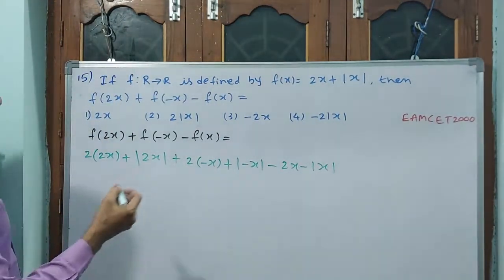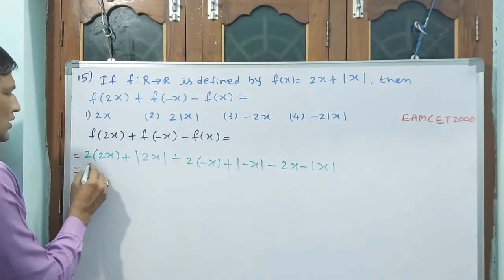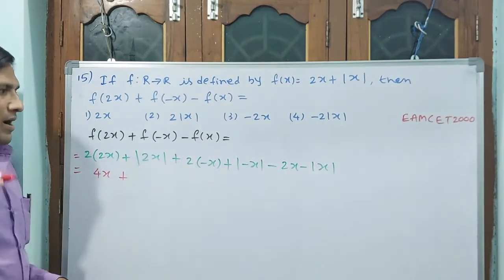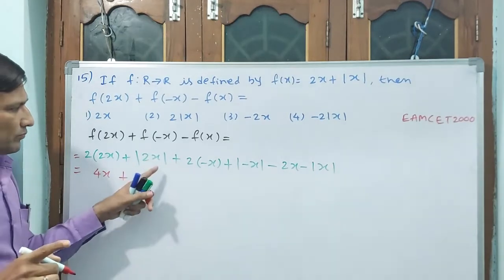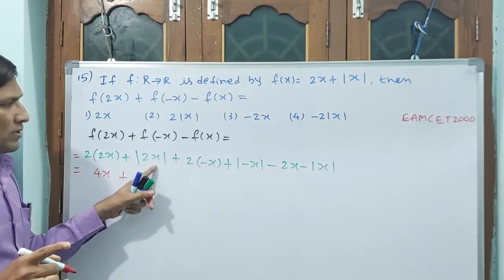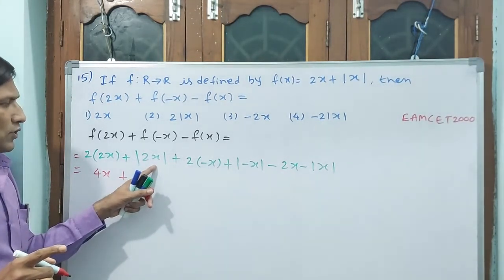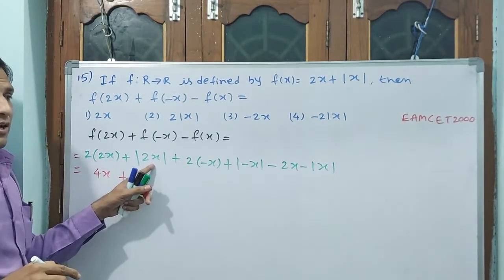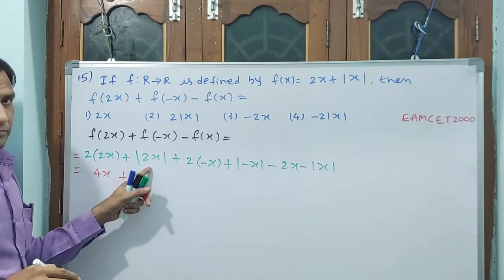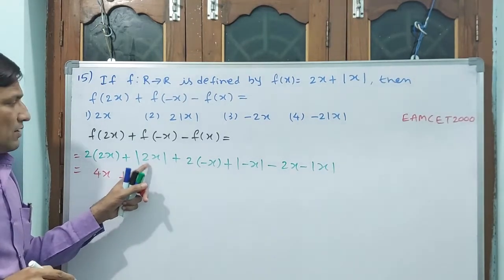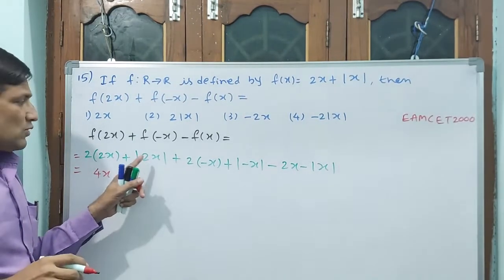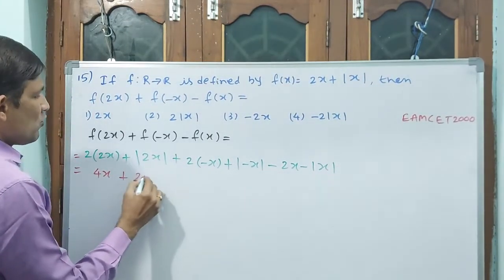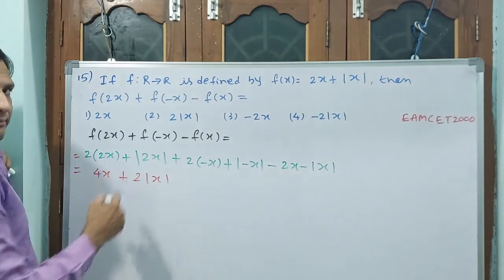Now proceed further. 2 into 2, 4x plus modulus of 2x. You can take 2 out, because for a real number there is no modulus issue: minus 2 would be different, but 2 is positive, so you can take it out. 2 modulus of x, both are same.